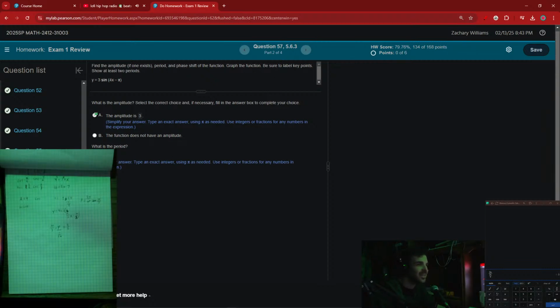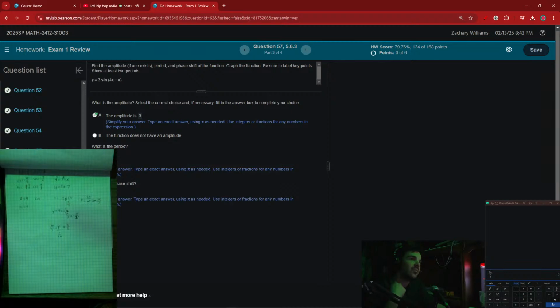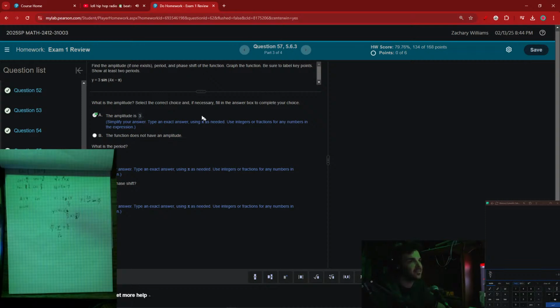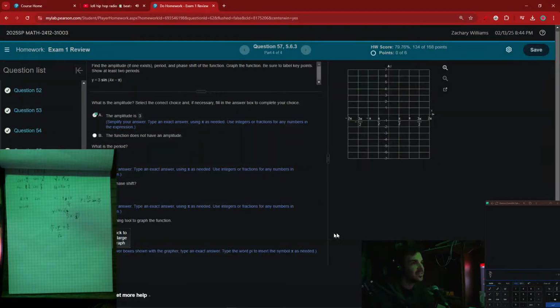Dude, they're just making it easier and easier. Okay, 2 pi over 4, just pi over 2. Very easy. And then phase shift is pi over 4, but it's positive because it's negative in here. Easy. Now you have its graph.